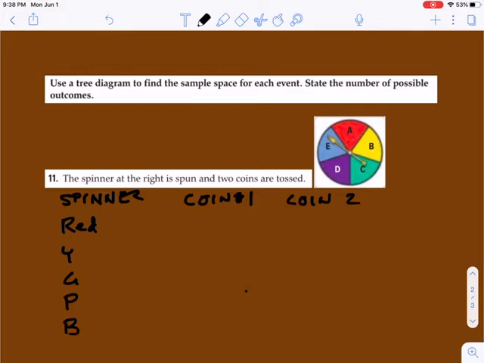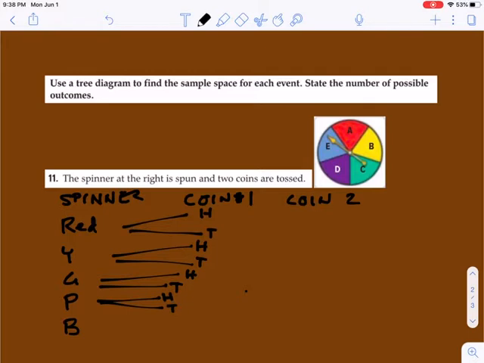And then for red, and this is where it gets really interesting, for red you can have heads or tails, right? For yellow you can have heads or tails, and you can have that for everything, right? For heads or tails. And I think we're gonna run out of room with this. Heads, tails. I'll put this over here. Heads, tails.